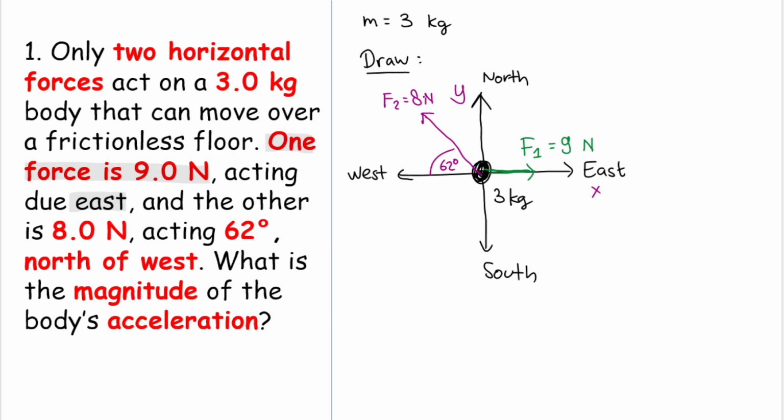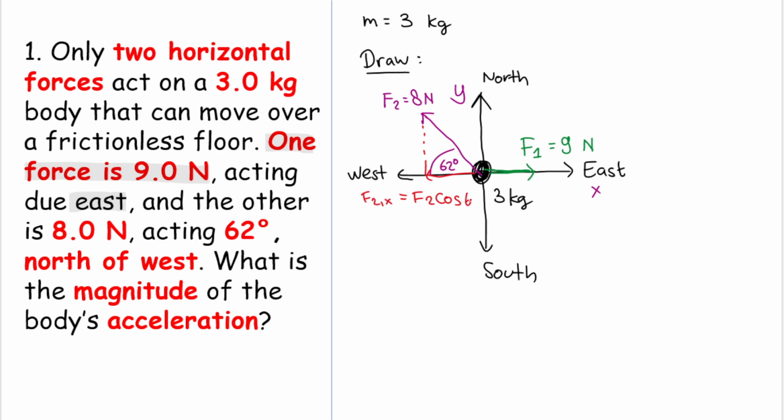Okay, now we need to project this F2 onto the axes, right? Because we need to write it in the unit vector notation. Okay, let's do exactly that. So we can project this F2 to the x-axis here. So we'll have F2 on the x direction, F2x. And that will equal F2, and because this is the adjacent side and this is the hypotenuse, we will have cosine theta.